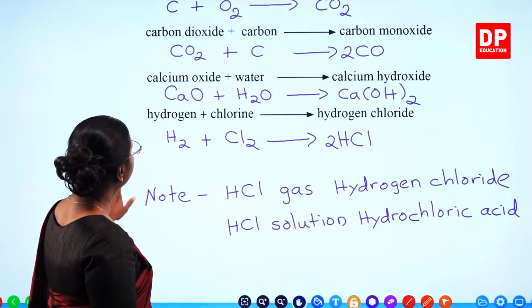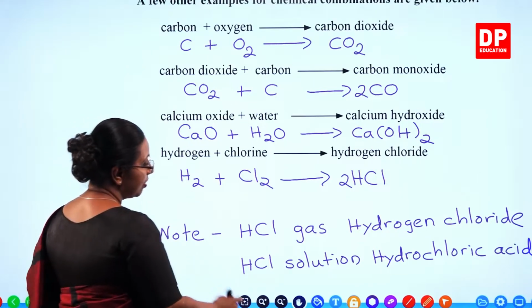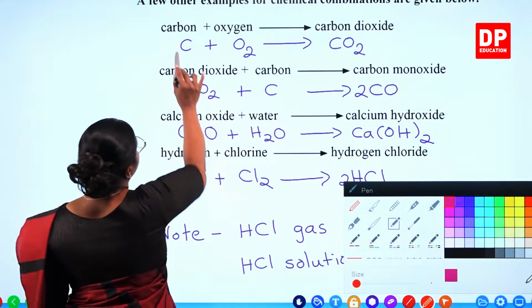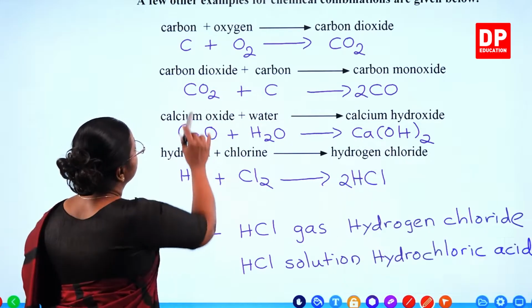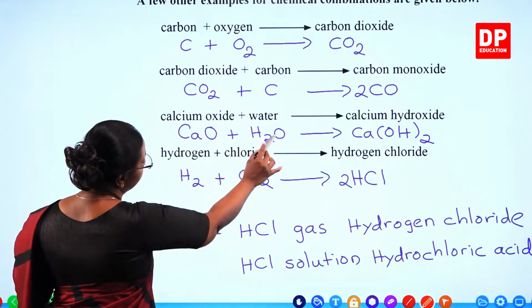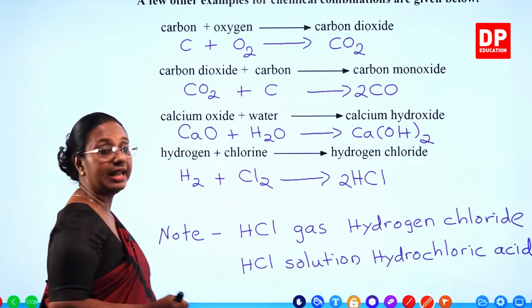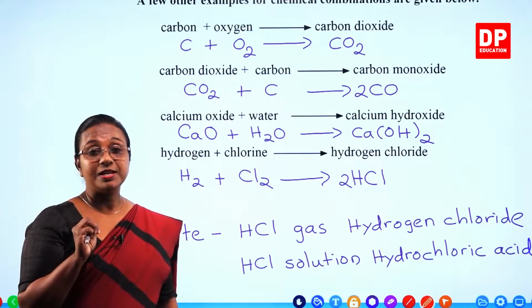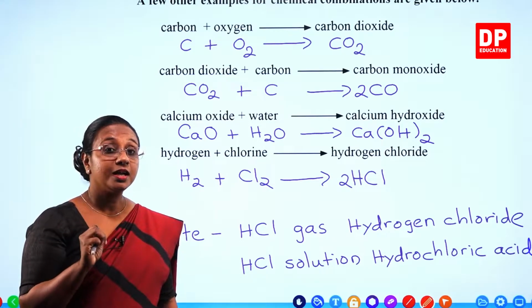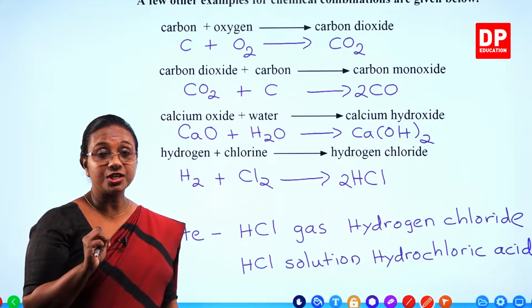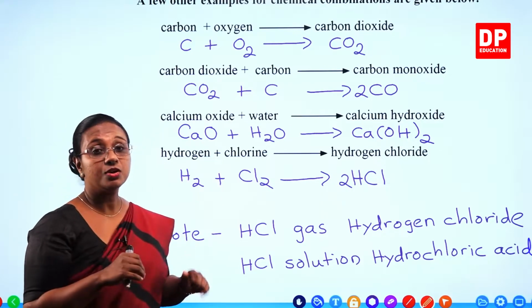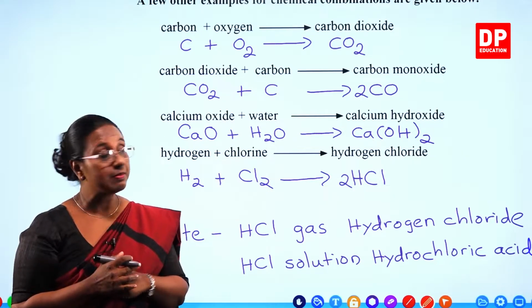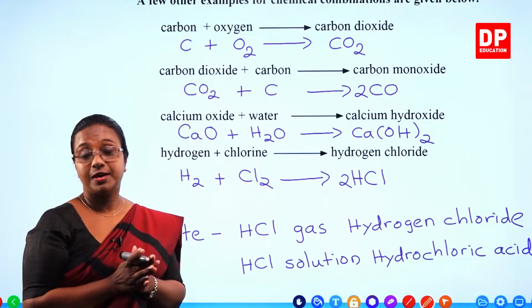So then, if I go back, here you all can see students, both are elements, compound and element, compound and compound, again two elements. So we said in the previous explanation when we discussed chemical combination reaction, two elements or an element with a compound and compounds can combine and form one product.